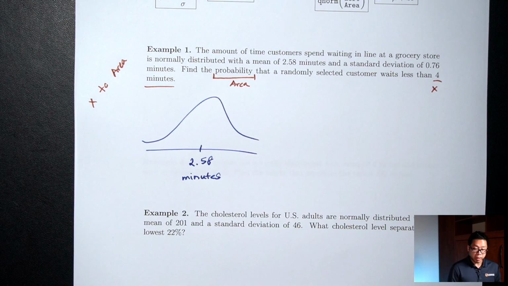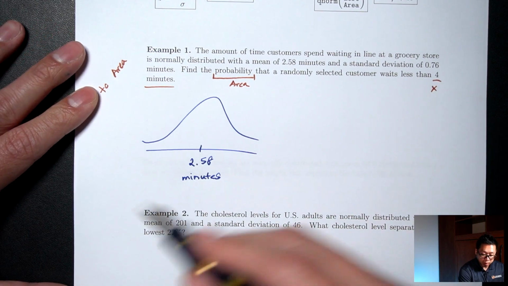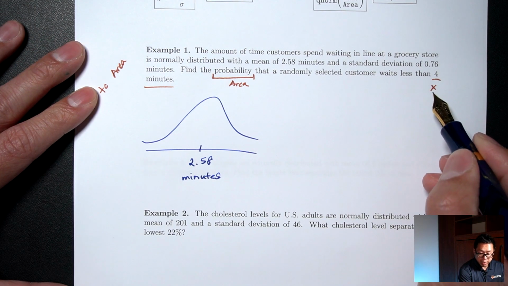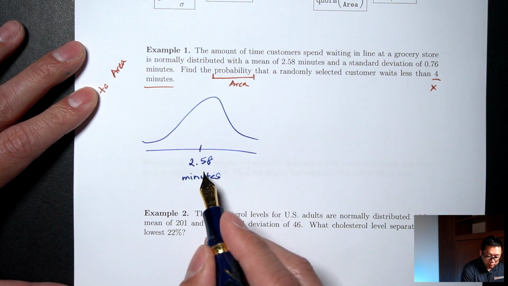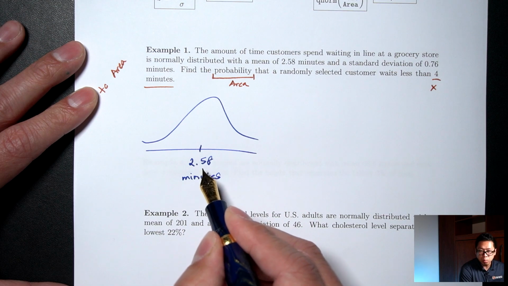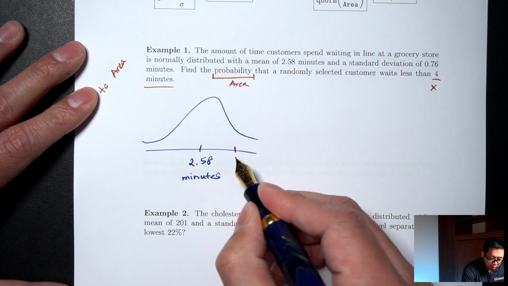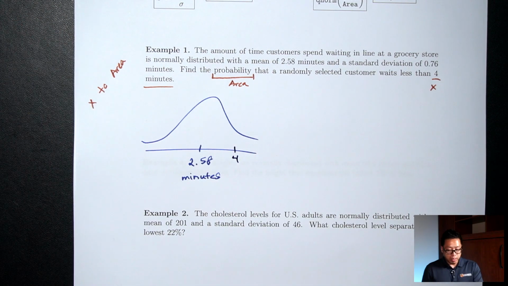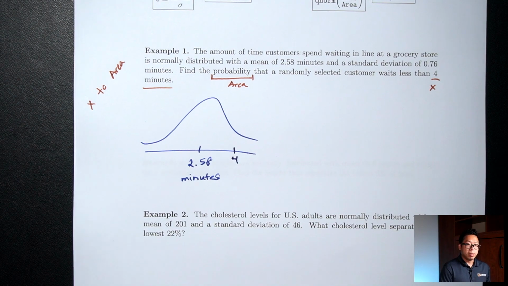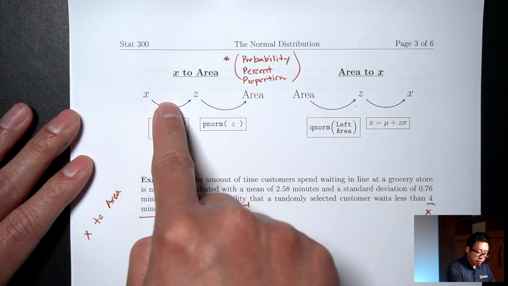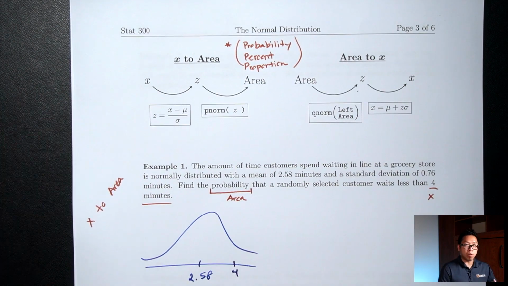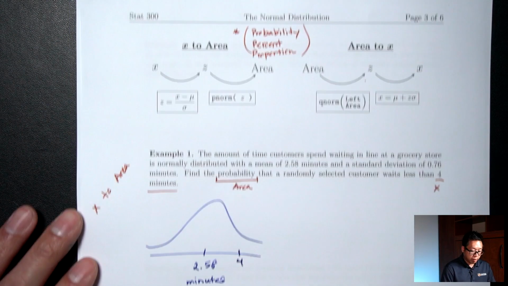Let me draw the rest of the picture. I need to put this 4 on my picture. This 4 we said was an x, so that goes on the x-axis. 4 is more than 2.58, so that goes to the right here. And then I need to decide how to shade this picture. There are 2 main types, and within each type, there are 3 pictures you can encounter: shaded to the left, shaded to the right, or shaded in between.